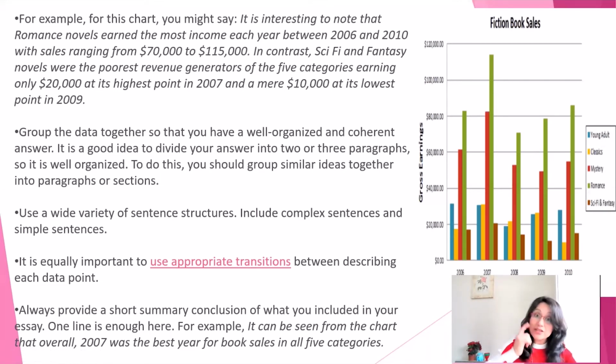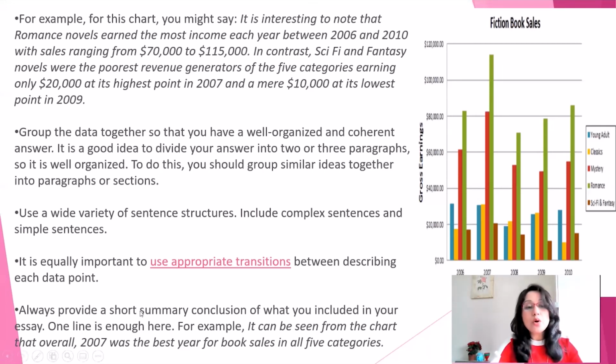I've already done a lesson on the basic things you have to do when you're doing your writing, so this was included there. If you haven't looked at it, go back and check. Again, when you're making your sentence structure, use complex sentences and simple sentences, include everything together.